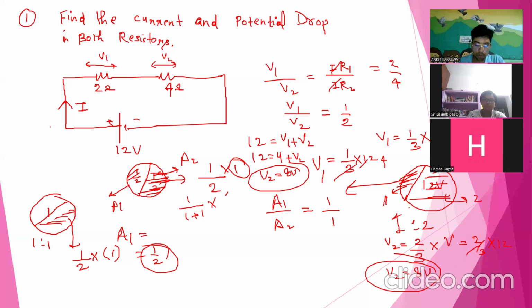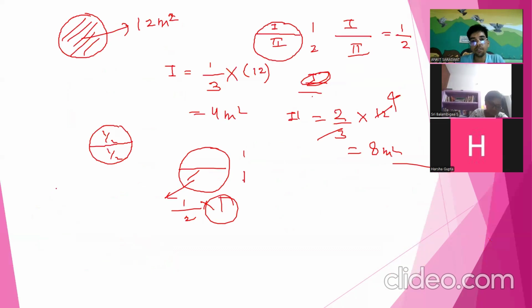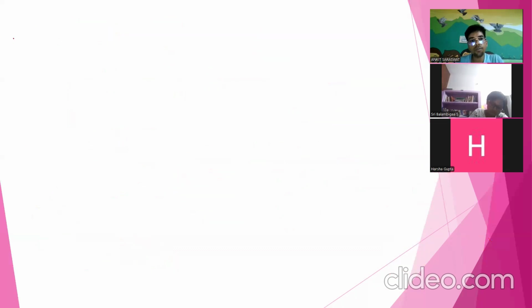Find the current. Write down the question. I am dictating. Please write. Find the current and potential drop in each resistor. I am drawing the figure.